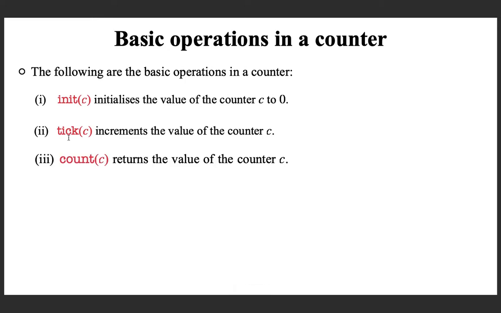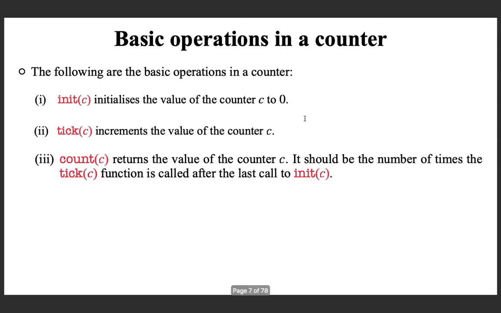Then the third function is count, which returns the present count value. For example, suppose you initialize a counter and after 10 clock ticks, if you call count, you need to get 10 as the counter value. That is, it should return the number of times tick is called on the counter after the initialization.